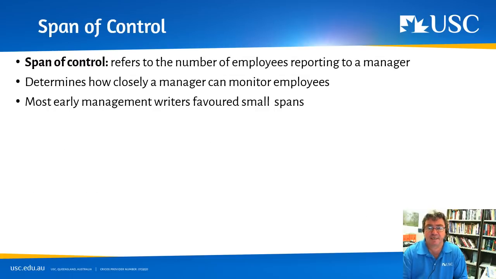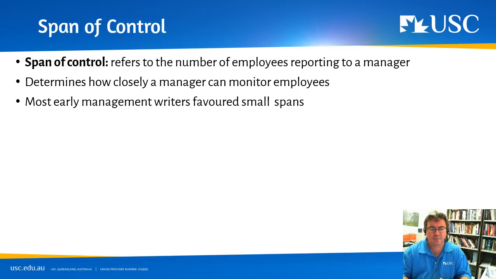Span of control, another critical design factor in your decisions about how to structure your organisation. Determines how closely a manager can monitor employees, and very early on in the days, managers favoured small spans. This is because it was harder to control the wider spans due to largely the implementation of technology.